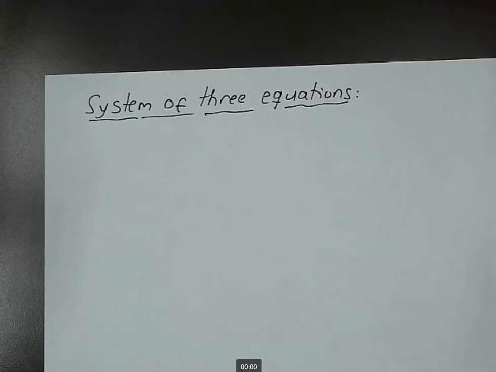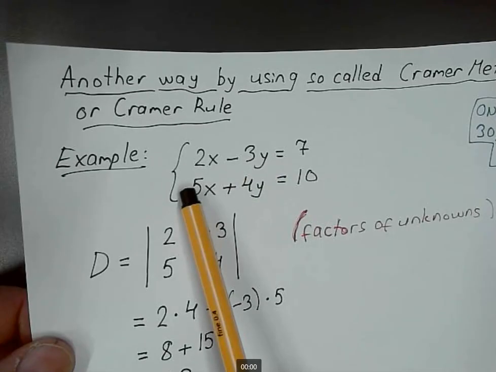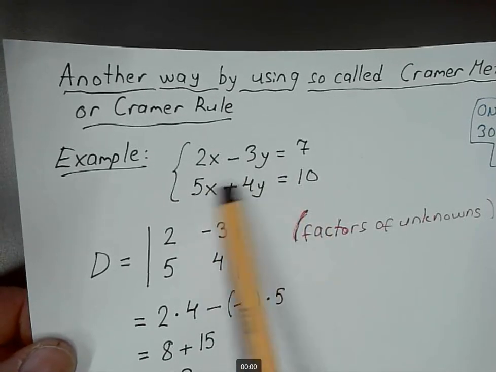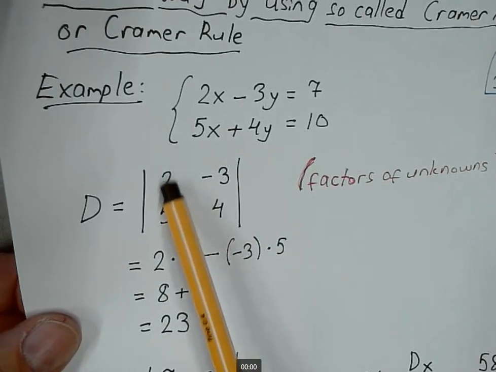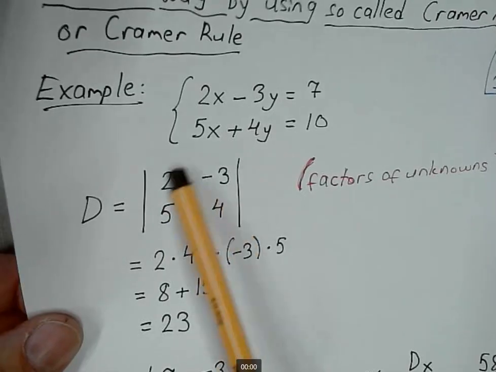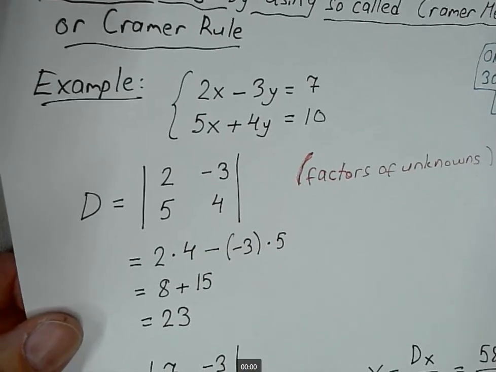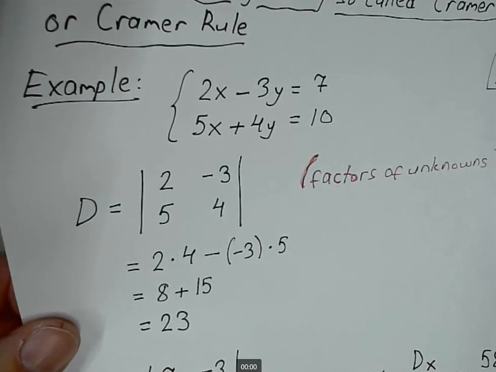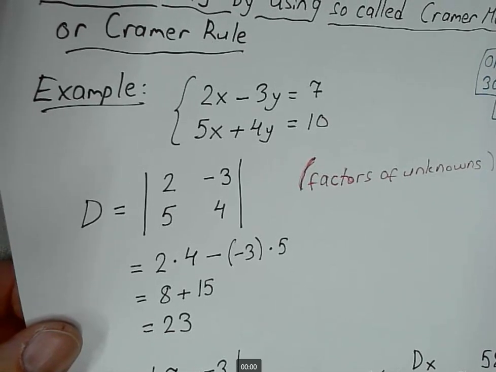Because in the pair of equations we had 2 equations and 2 unknowns. So that makes us a determinant which has 2 rows and 2 columns. So totally 4 numbers there. But when we have 3 equations, then we have also 3 unknowns.